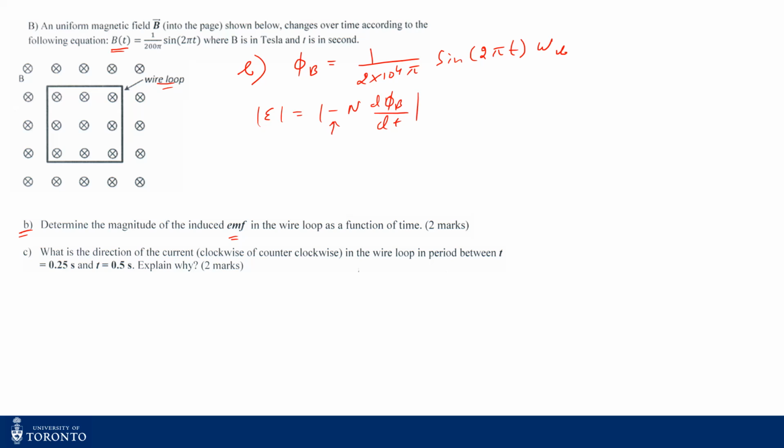Since this is a single wire loop, my n is equal to 1. So my induced EMF is going to be, since it's a magnitude, I don't have to worry about my sign right now, d by dt of phi B. So I'll just plug in the phi B value here.